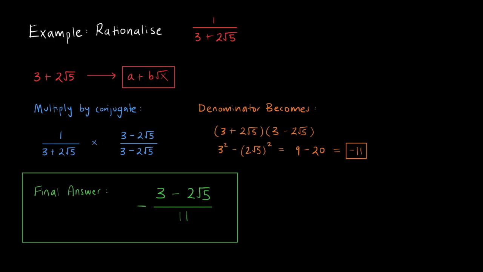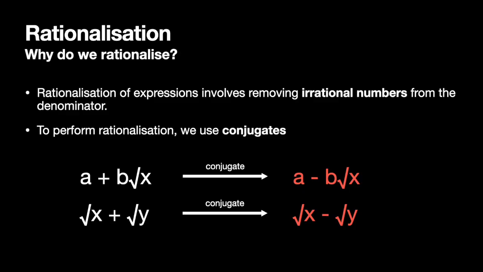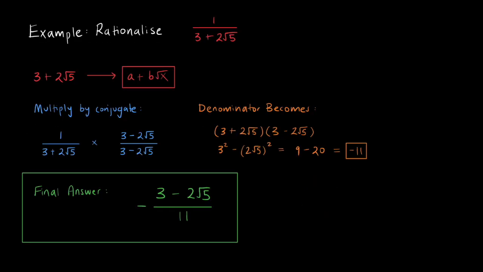So here's an example of rationalization. Let's rationalize 1 divided by 3 plus 2 times the square root of 5. We can tell from the previous slide that 3 plus 2 times the square root of 5 is in the form of a plus b square root x. So we can form its conjugate by negating the square root term.